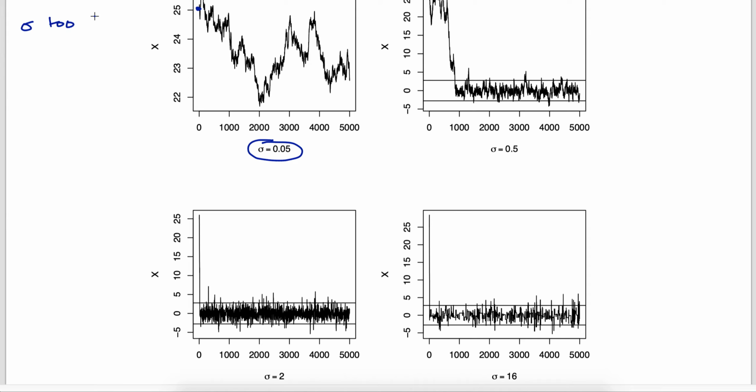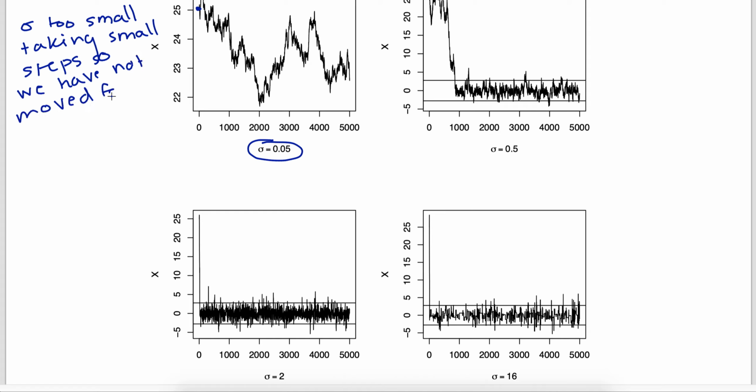Sigma too small, taking small steps, so we have not moved far from our initial position, far from x naught of 25. This chain has not even converged. We're still just taking tiny steps here and there.